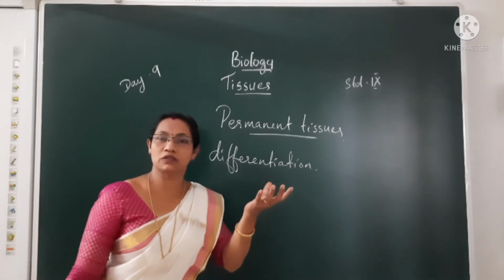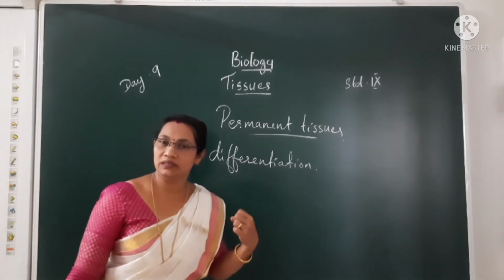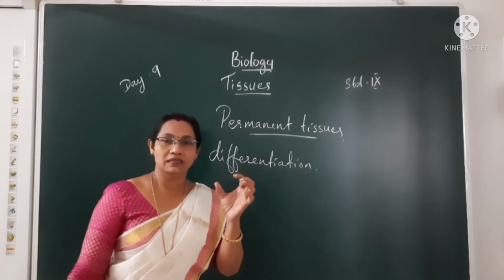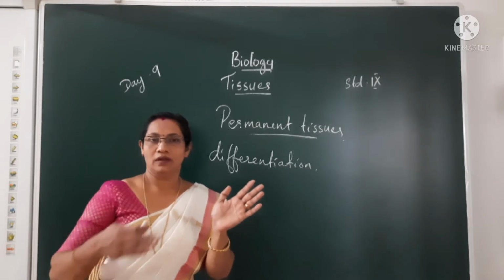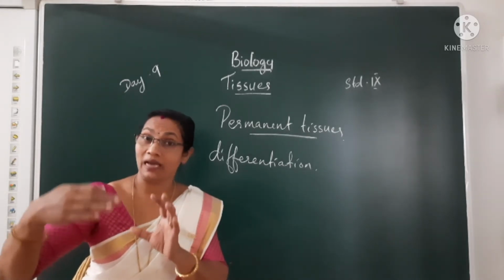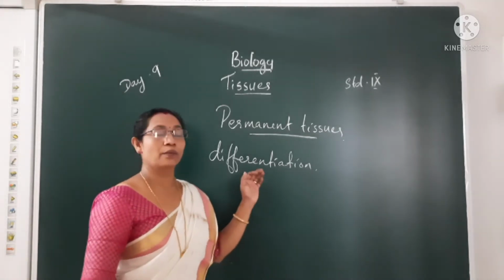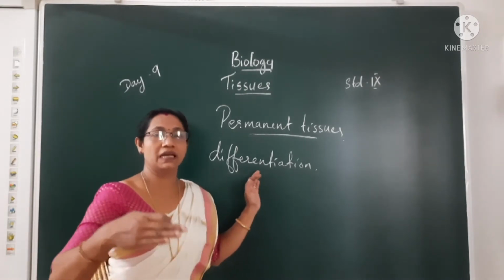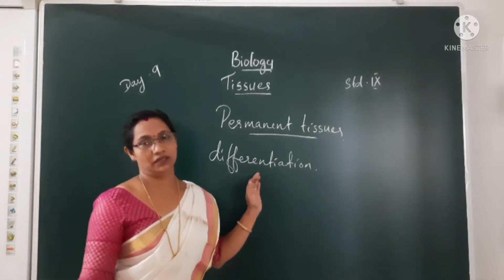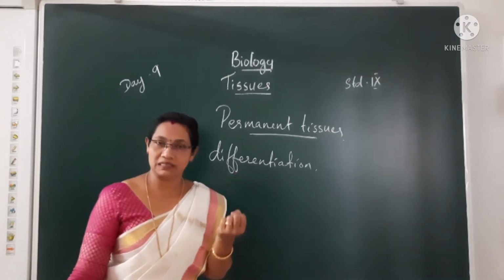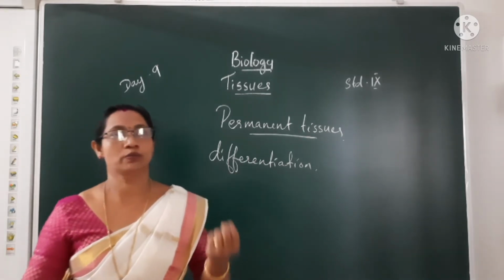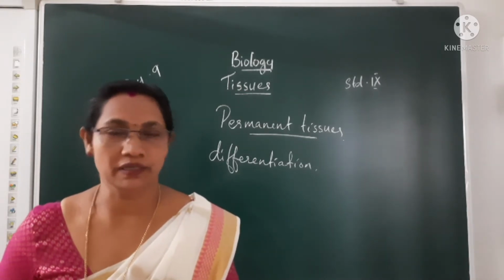So meristematic tissues have the ability to undergo cell division for a certain period of their life. After a certain period of the plant's growth, these meristematic tissues change into permanent tissues. They attain different shape and different structure, and they begin to perform one particular function.